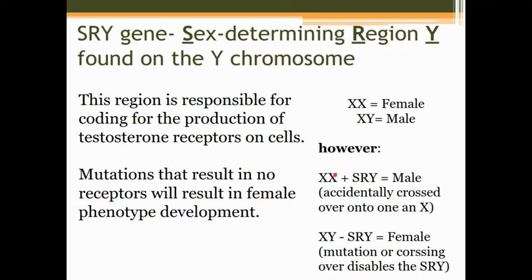So having this SRY gene seems to be a determining factor in the development of male characteristics. This is the distinctive male growth patterns of body hair, muscle development, testes, and the lack of SRY results in the development of ovaries and uterus and fallopian tubes. So this is a Y-linked characteristic.